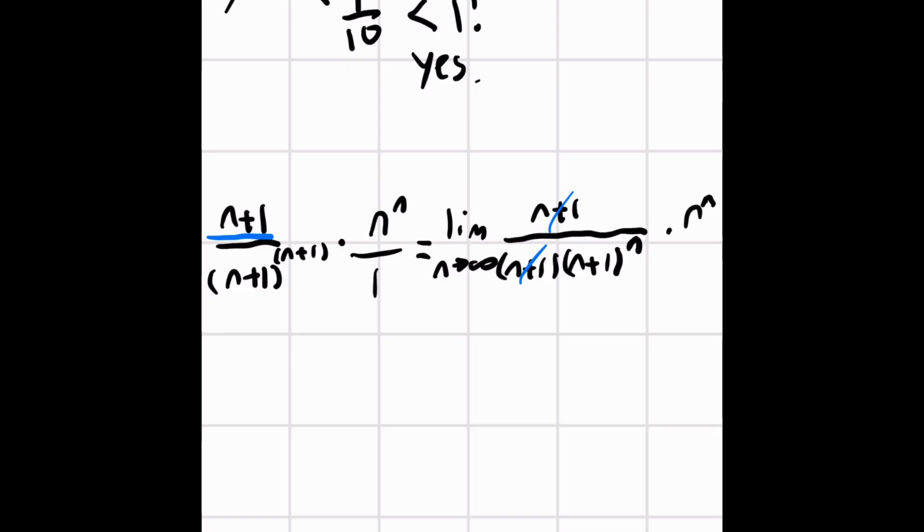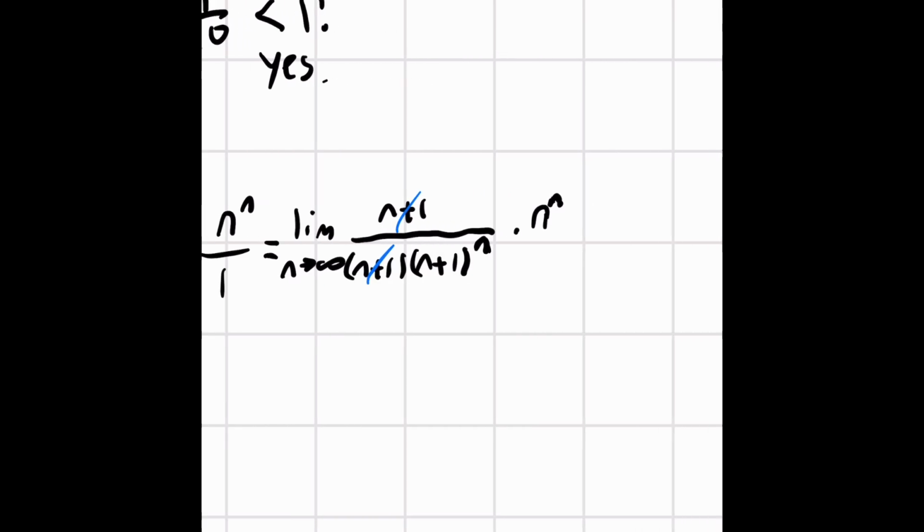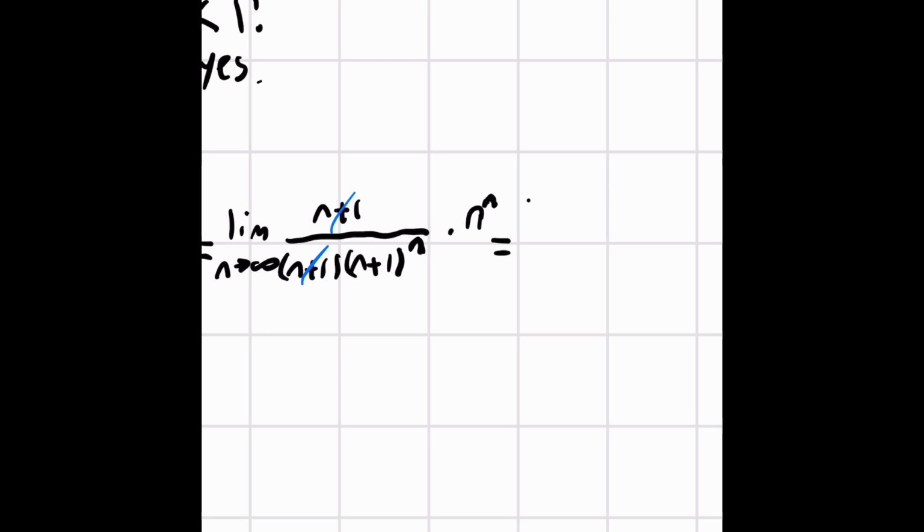Now what's nice is that now we have two pieces that are both to the nth power. What we're left with is n to the n over n plus 1 to the n.